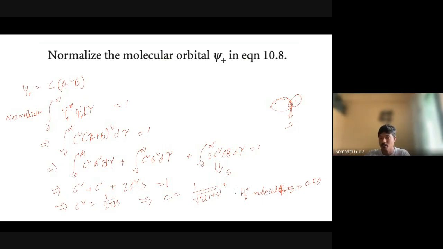Now, what is the C value? C will be 1 upon root over of 2 into (1 plus 0.59). Sorry, this will be the square. Okay, that will give you the value.